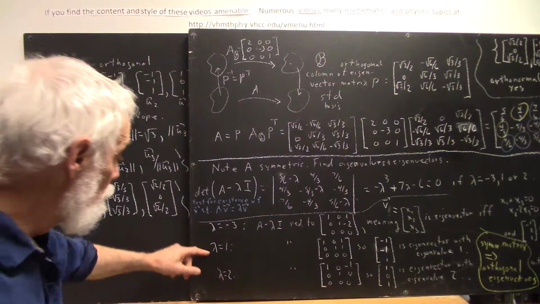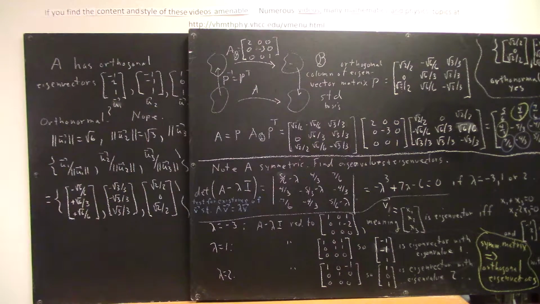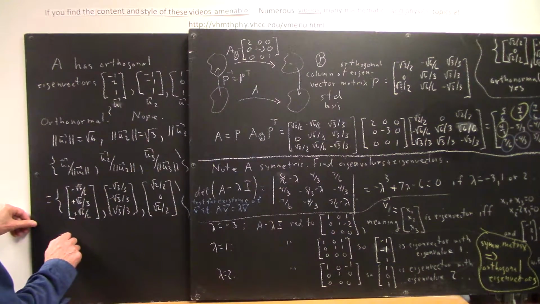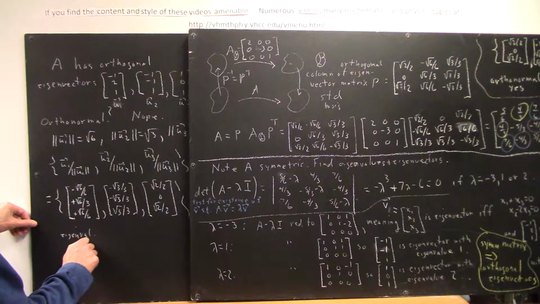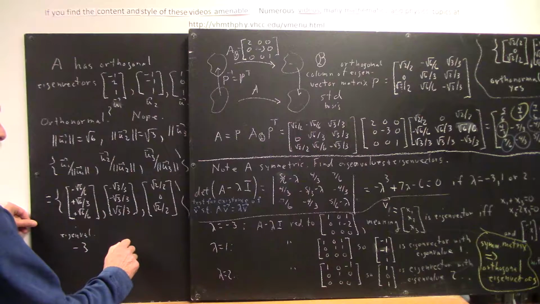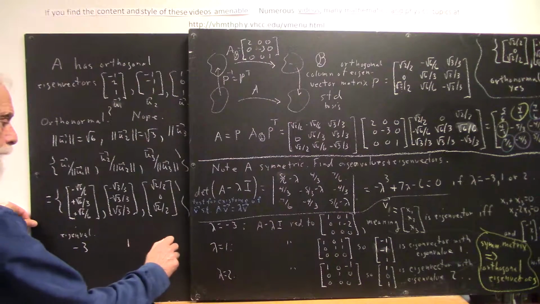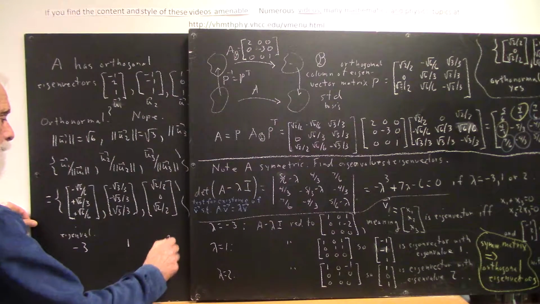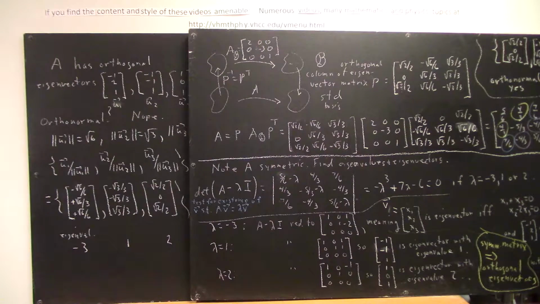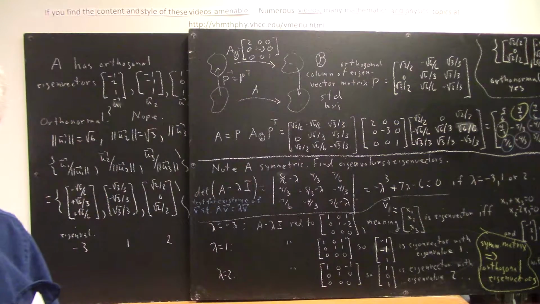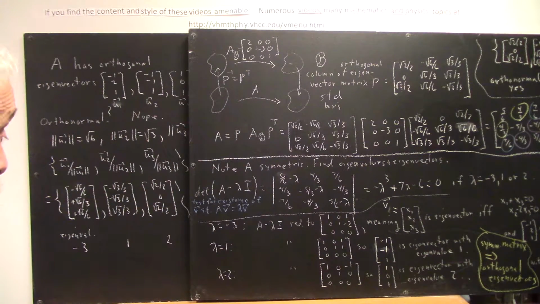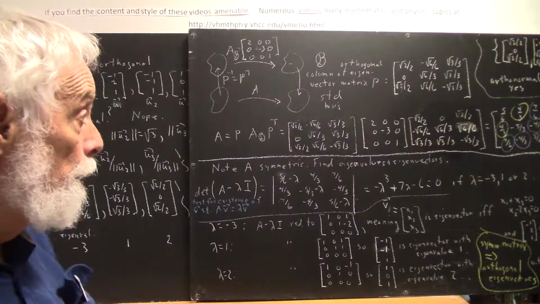Now they're in the same order they were here. So the eigenvalue here is -3. The eigenvalue here is 1. The eigenvalue here is 2. Well, are these 3 vectors identical to these 3 vectors? You have to look at them for a minute. Well, you see that, yeah, they are, but they're in a different order.